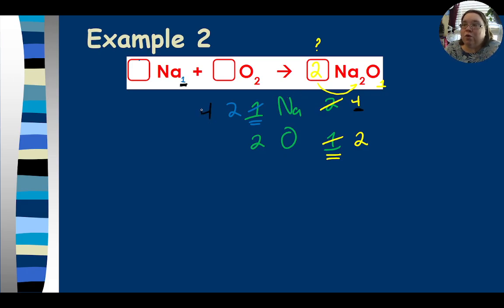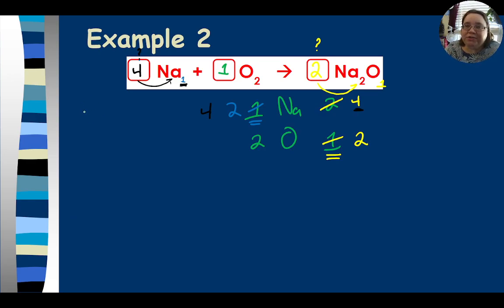I need 4 atoms of sodium on the reactant side, on the left side. So what times 1 gives me 4? Well, 4 times 1 gives me 4. So for this reaction, my coefficients are 4, 1, and 2.